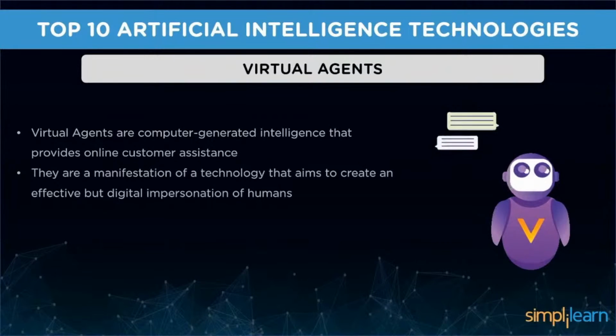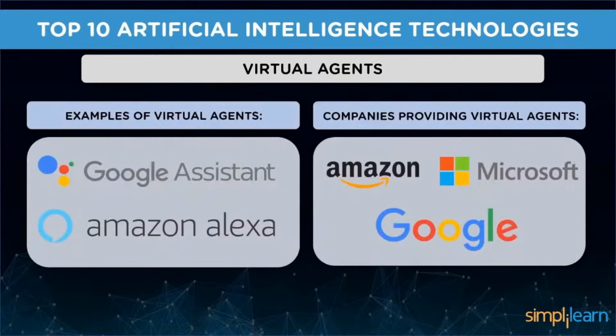Virtual agents can make reservations, book an appointment, place an order, and can even avail product information. Some of the best examples of virtual agents are Google Assistant and Amazon Alexa. And the companies that provide virtual agents are Microsoft, Google, Amazon, and Assist AI.